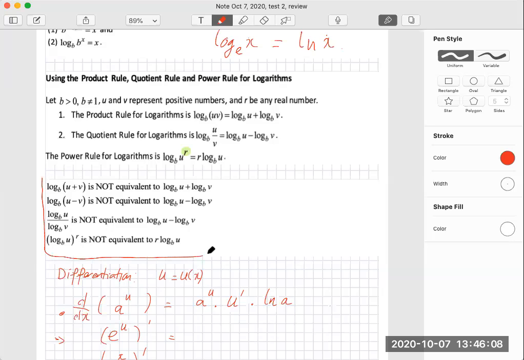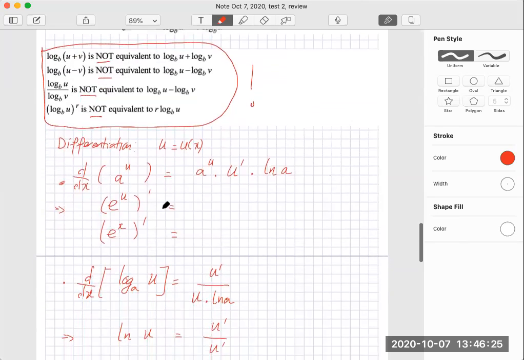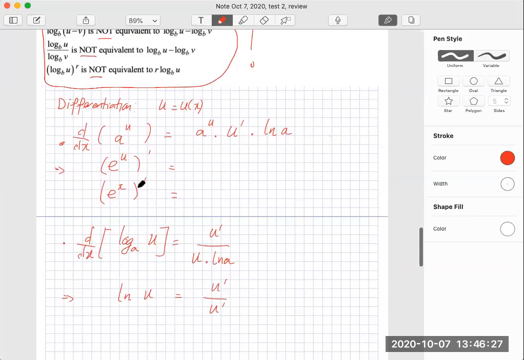Log of a sum is not the sum of logs, so be careful. These are not true, okay? They're not equivalent. And these are two formulas. If you remember these, you can apply them to all the others.